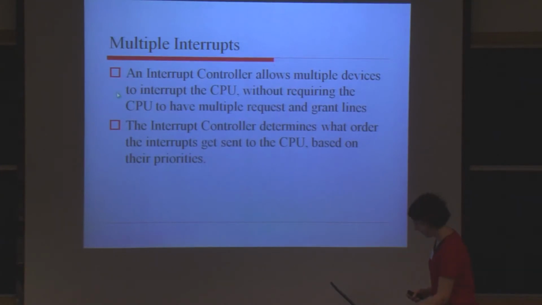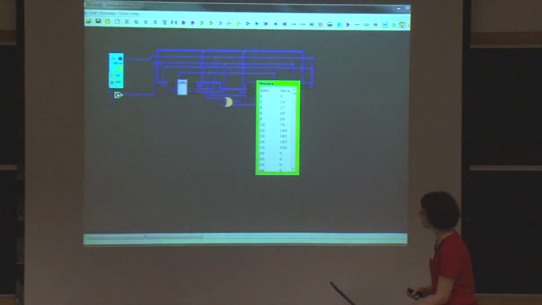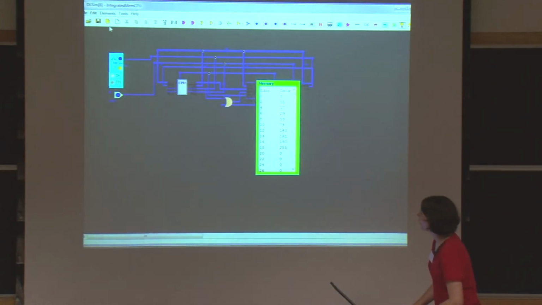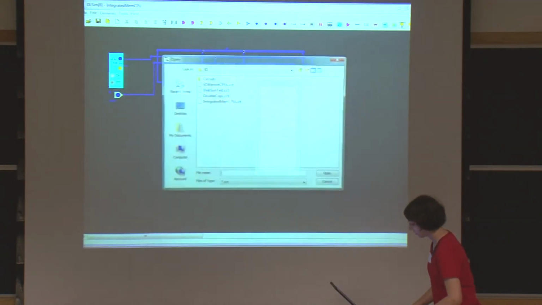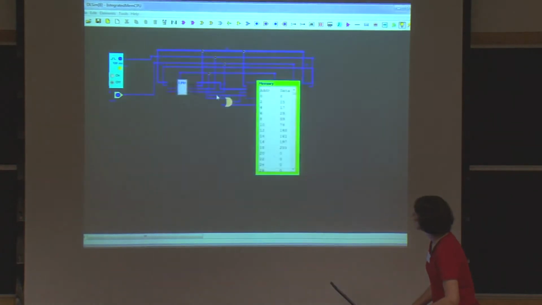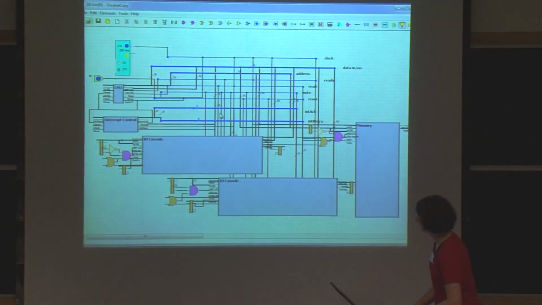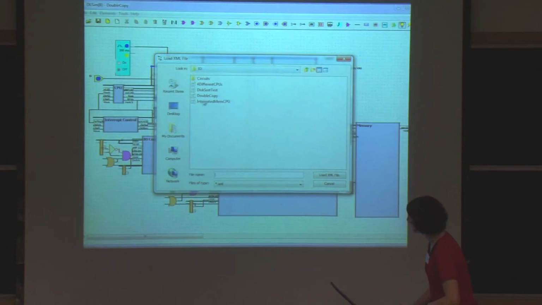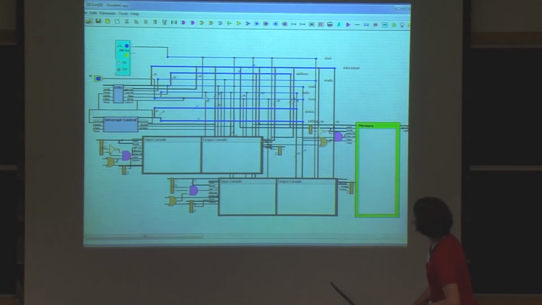I created an example circuit. Okay, here you go. This is showing a test algorithm for the interrupt controller.